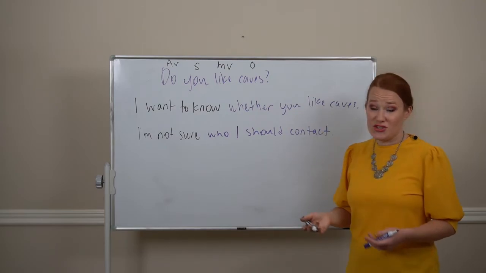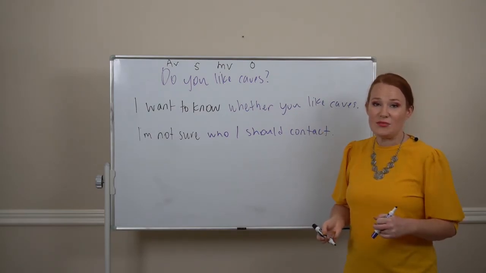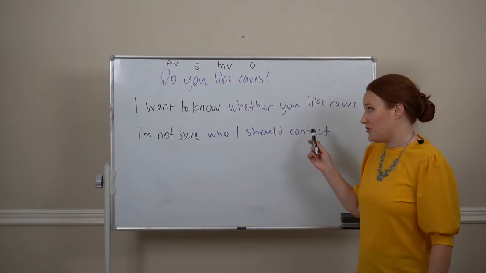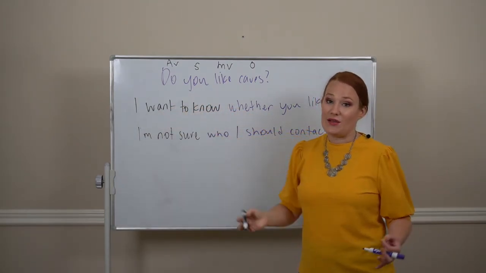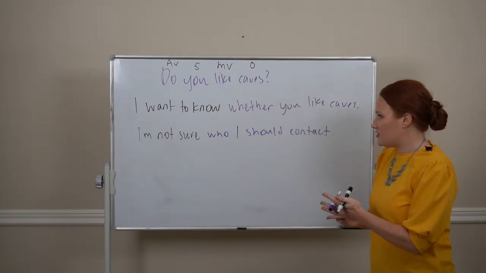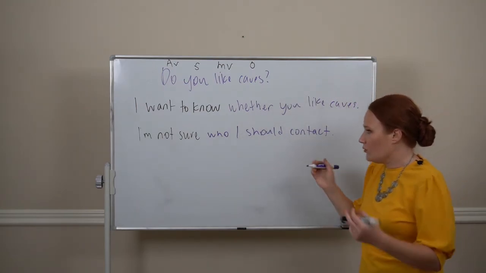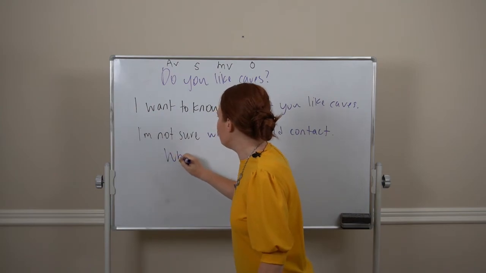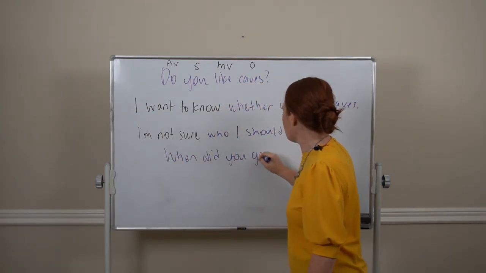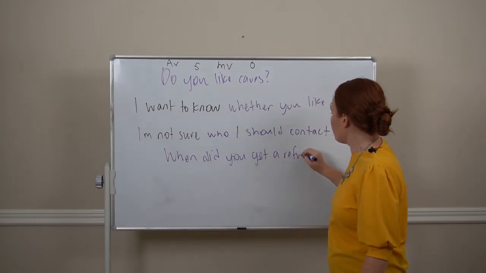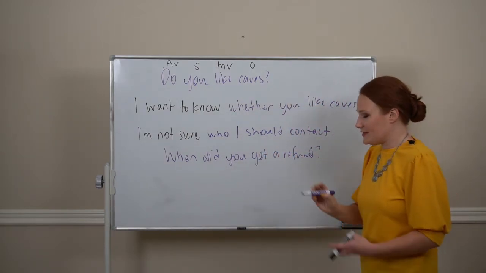Now this is especially tricky when we're dealing with present simple and past simple, because with present simple, we added that auxiliary verb for the question. Same with past simple. If my question is, when did you get a refund? I could make this into my noun clause.